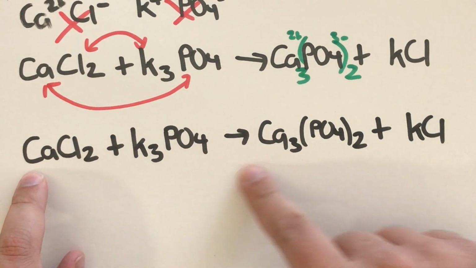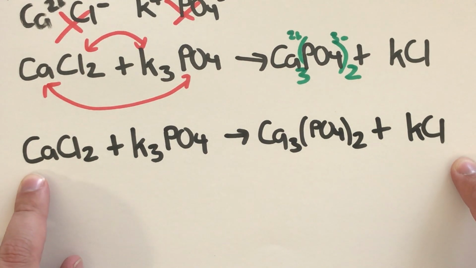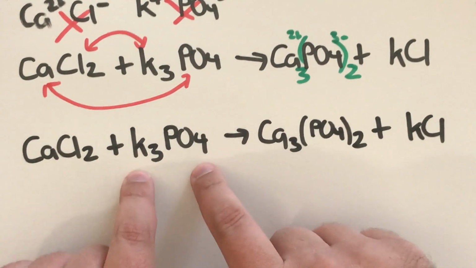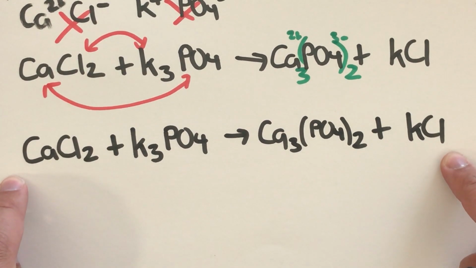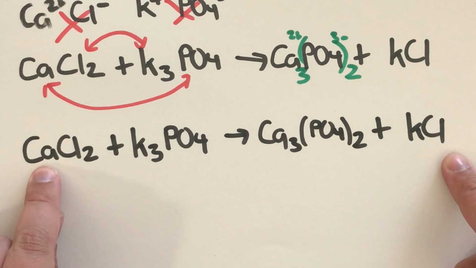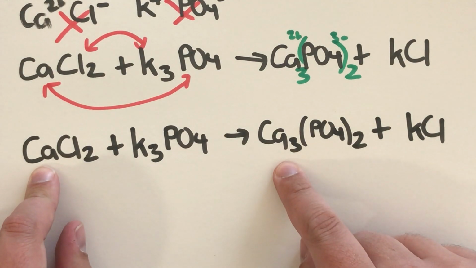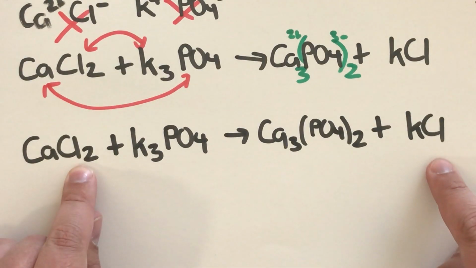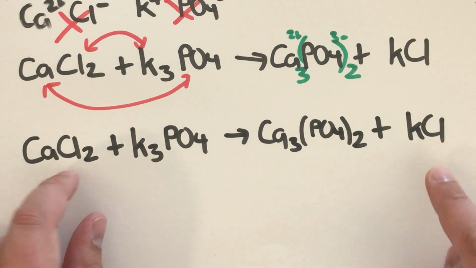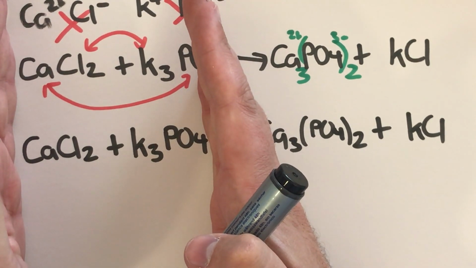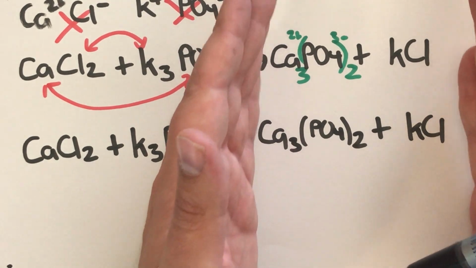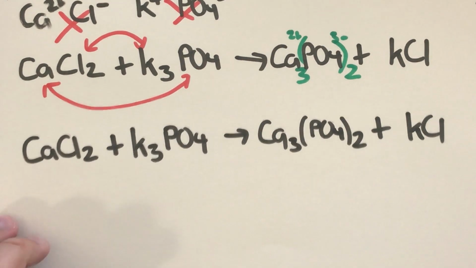Now we need to make sure that all of this equation is balanced. Now that we've balanced our ionic compound parts, we need to make sure the whole thing is balanced, meaning that for every calcium atom on this side, we need to make sure there's the same number of calcium atoms on that side, the same number of chlorine atoms on this side with the same number of chlorine atoms on that side. So the same number of atoms within the reactants need to equal the same number of atoms within the products, which is the law of conservation of mass.